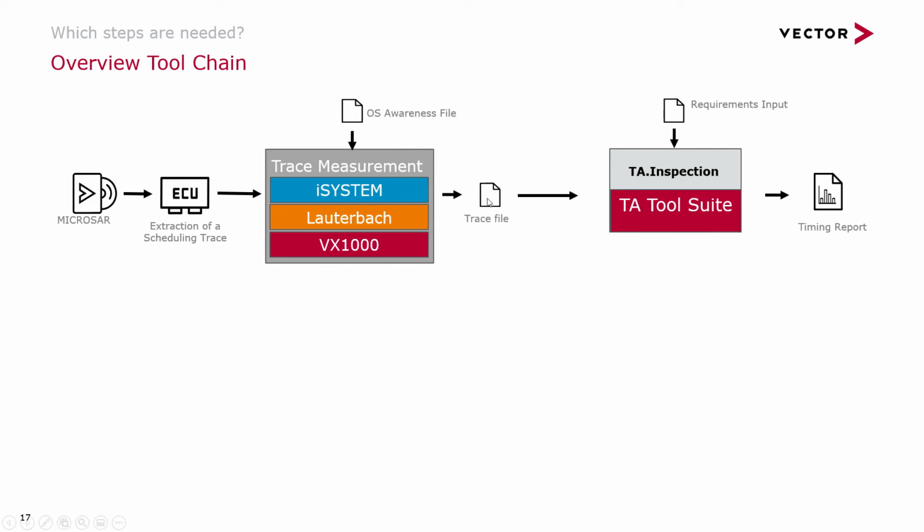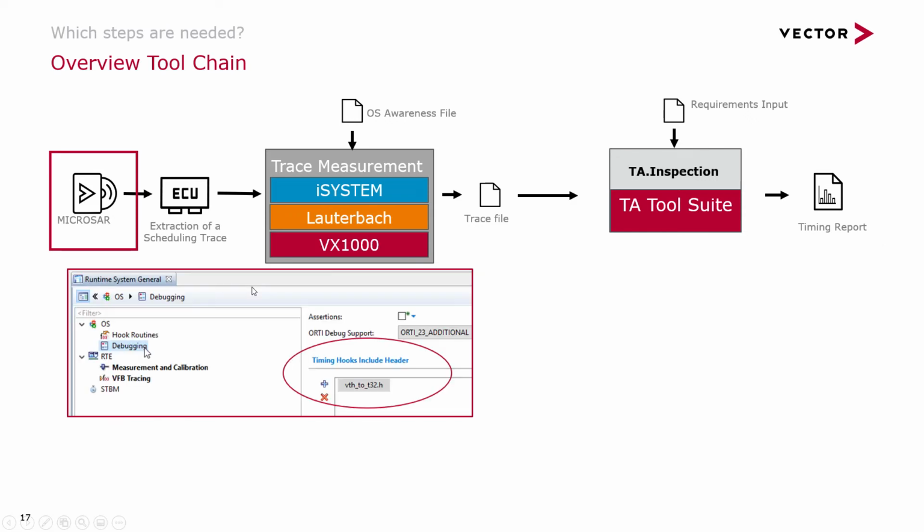So how does it look in detail? MICROSAR. We will go to the DaVinci Configurator, open our project, and under Runtime System General, you will find in the OS the debugging section. And depending on which trace measurement solution you are using, there are different headers provided for this hook setup.